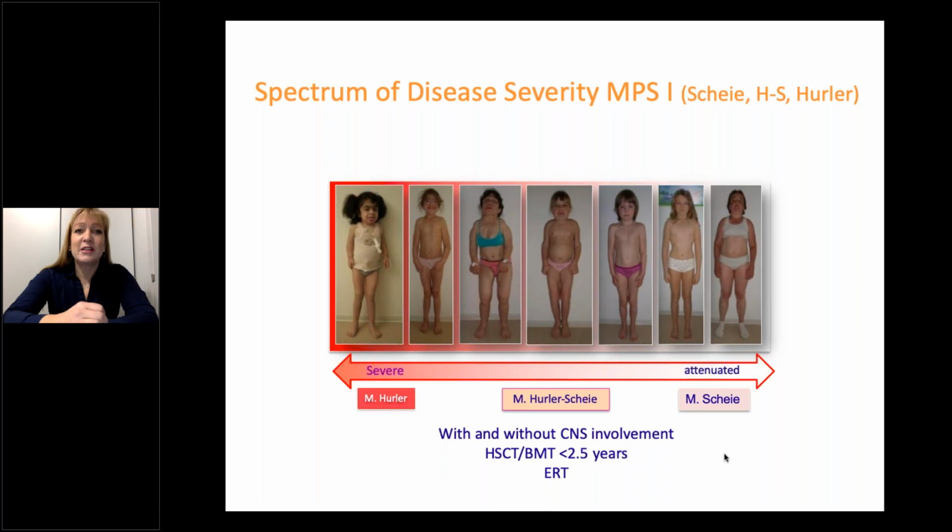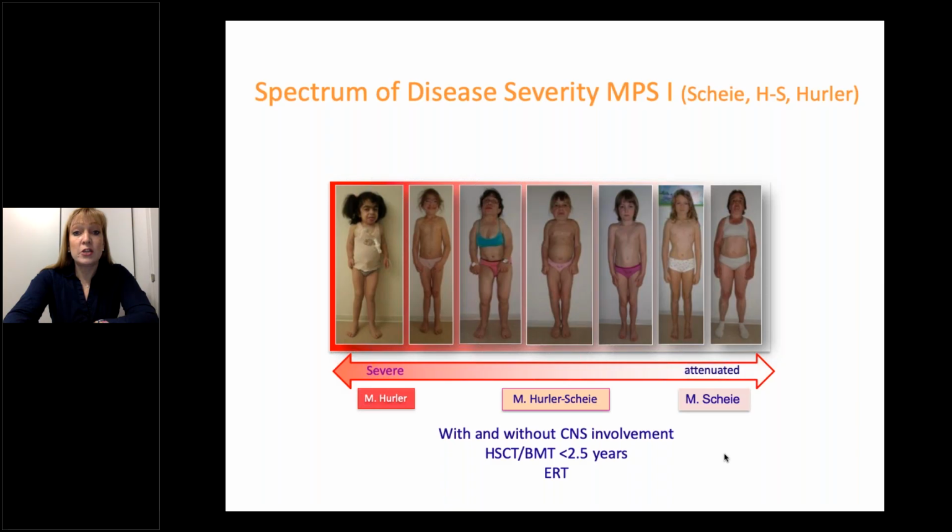So this is why it is extremely important to diagnose early. So stem cell transplantation is a treatment option for MPS 1 patients if you diagnose prior to 2.5 years in life. And then you can stop the cognitive decline in these patients.